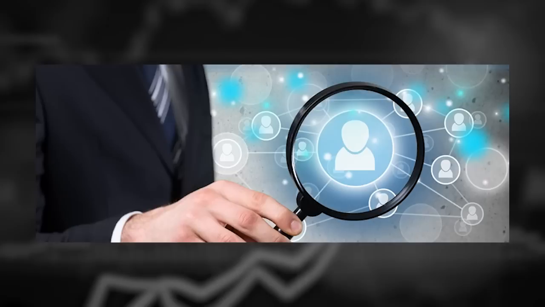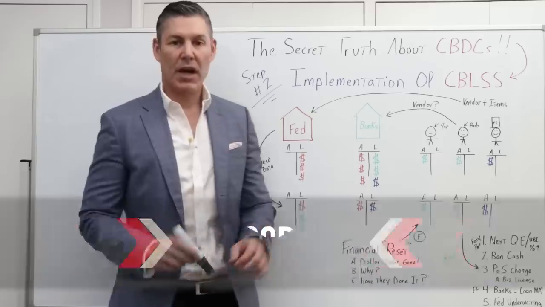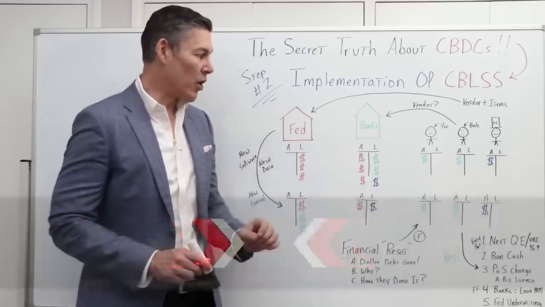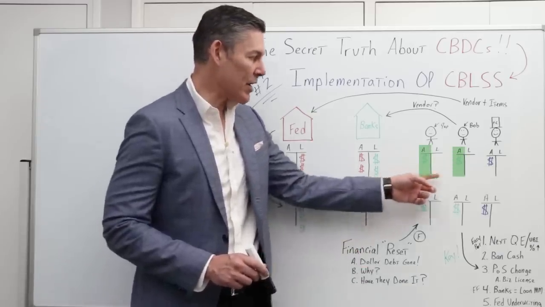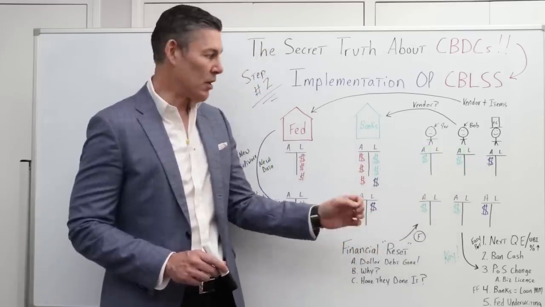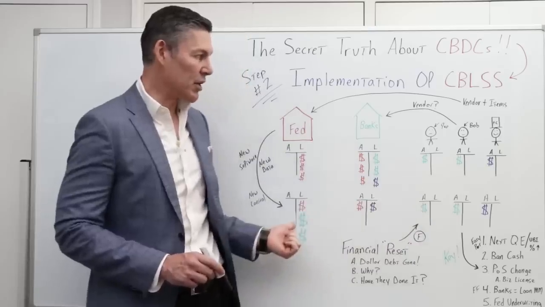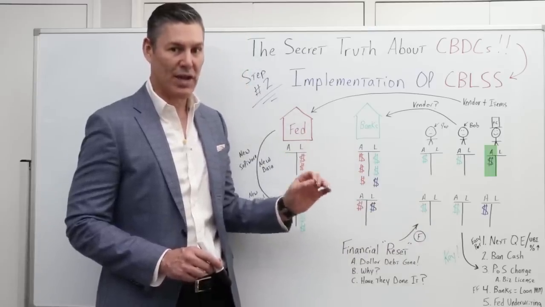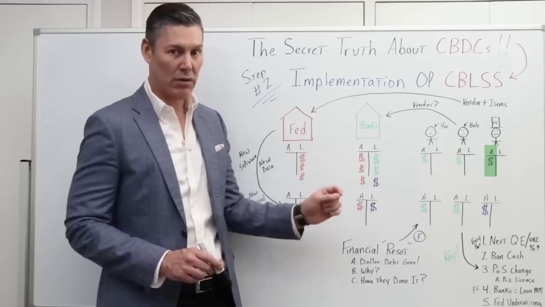to track those transactions. And another detail that nobody is talking about is although the dollar assets of the retail participants in the economy will go to the Fed's balance sheet, I don't think the financial institutions' assets will.